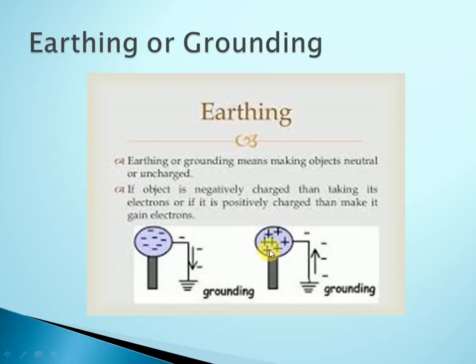And if it is positively charged, there is a movement of electrons from earth to the object. Okay, so this is called earthing or grounding, and it is useful in electricity wiring. That in detail will be covered in the next chapters.